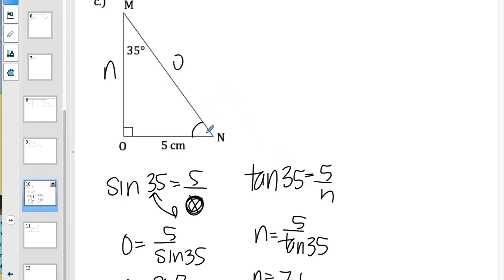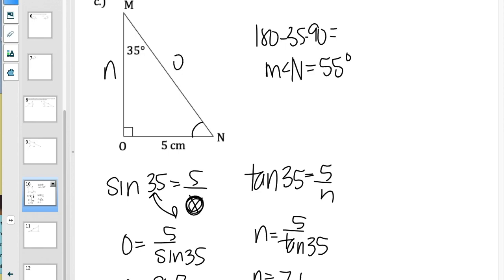And then to find angle N, we have 180 minus 35 minus 90, and we know that the measure of angle N is then 55 degrees. So that's all of the three parts that we're missing.